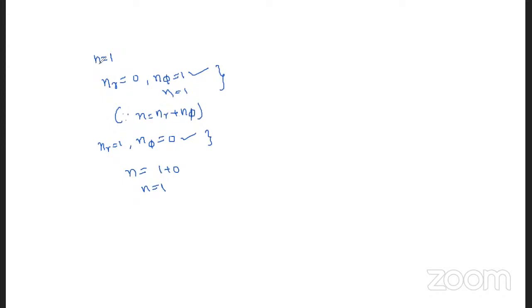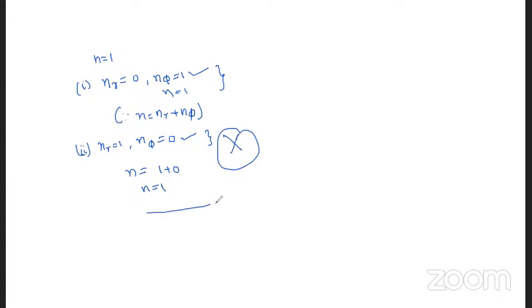The principal quantum number should be 1, which means either the first condition, nr equal to 0, or the second condition, nr equal to 1, which means n phi is equal to 0. This second condition is not possible. Why?